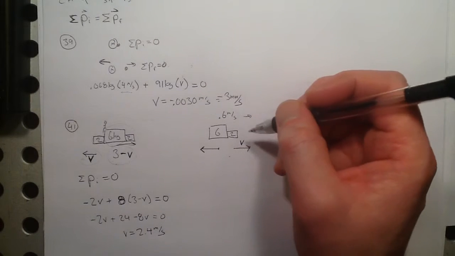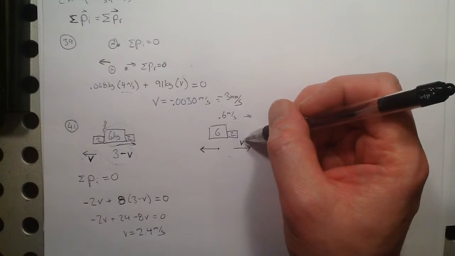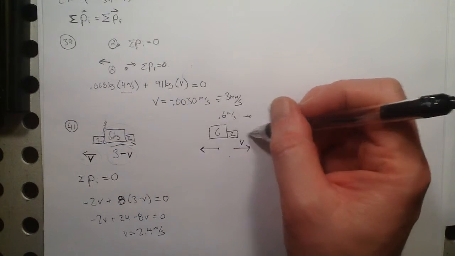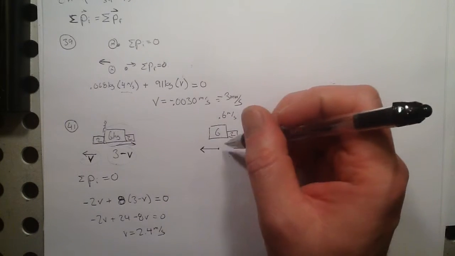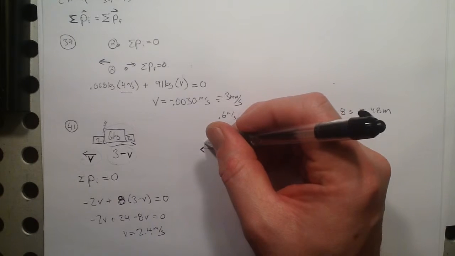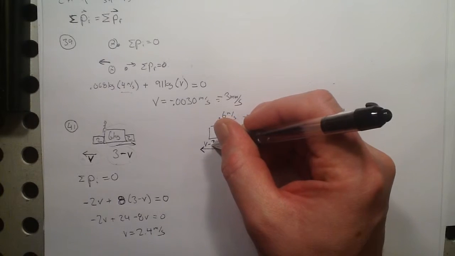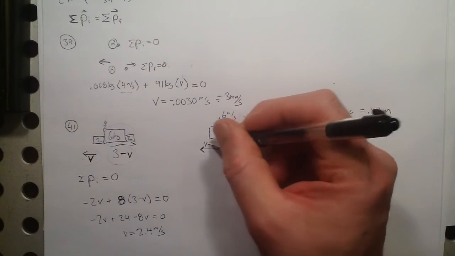So then, same deal, if this one had a velocity of like 5 going in this direction, or a speed, I should say, then this one would have a speed of 2, or in other words, v minus 3 in that direction, right? 3 less than that.